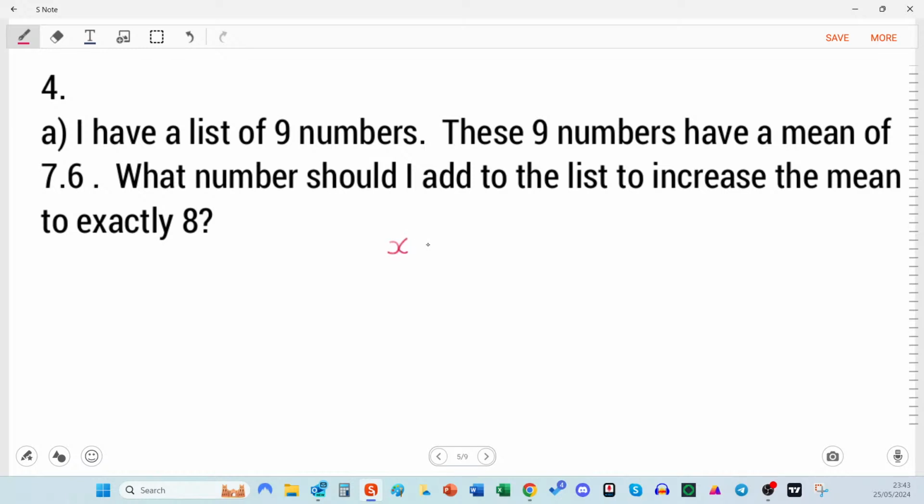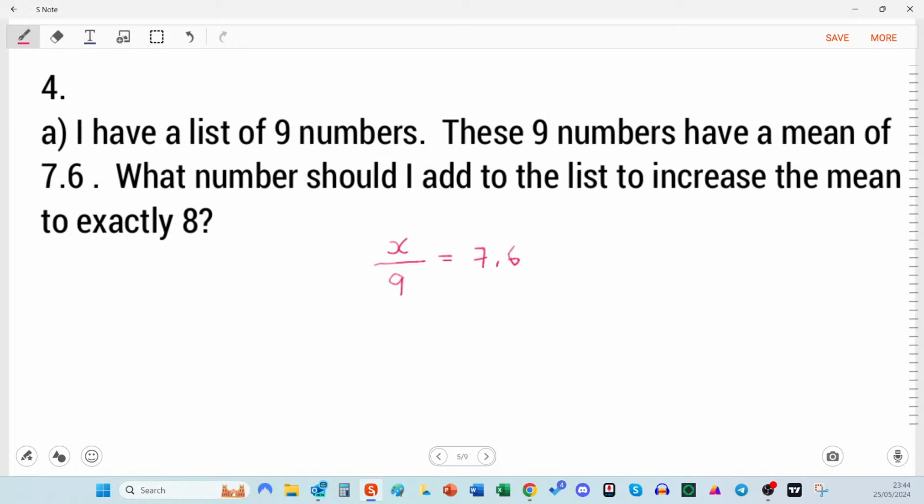What does that mean? It means that if we knew what all of those 9 numbers added up to and we divided them by 9, that would be equal to 7.6. And so we can actually multiply this out.